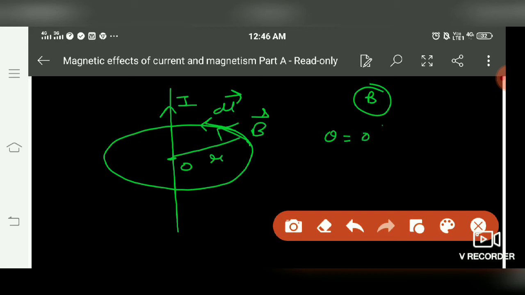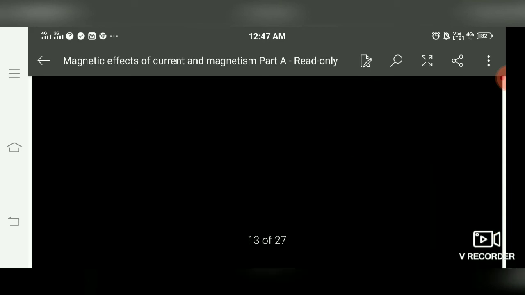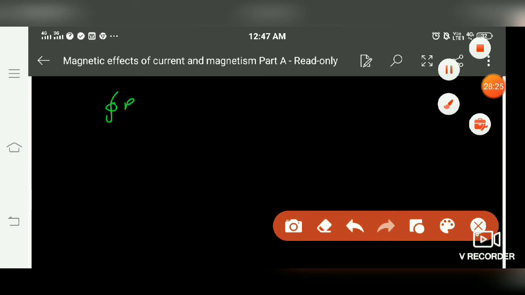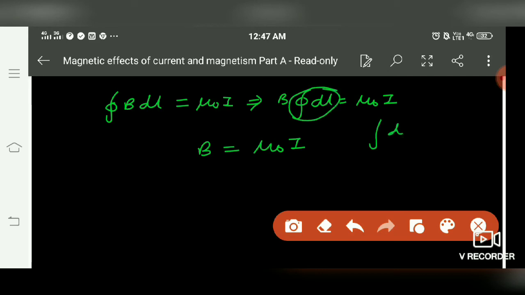Theta is 0. So by applying Ampere circuital law, the integral of B dot dl equals mu naught I. By applying this law, we calculate the value of B. As the angle between them is 0, B dl cos 0, and cos 0 is 1, equals mu naught I. Taking B outside, inside we take the integral of dl, which along a closed path is 2 pi r.